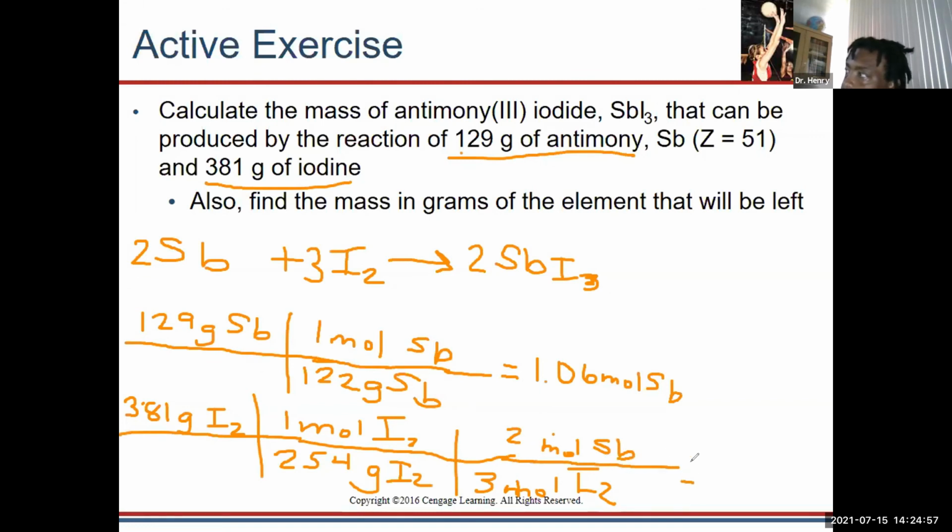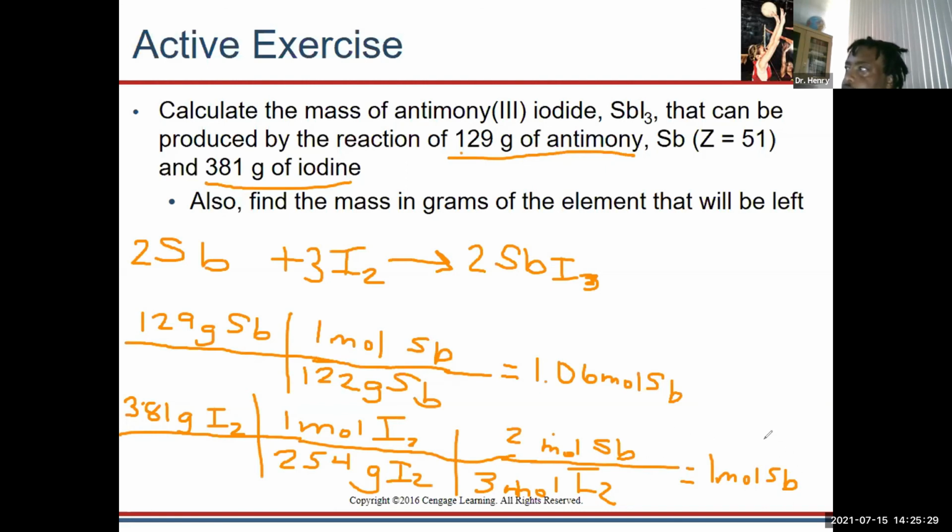Okay, and that's going to give me my moles. So if we do that math, it's 381 divided by 254 times 2 divided by 3. There we go. So it should be 1 mole of Sb.